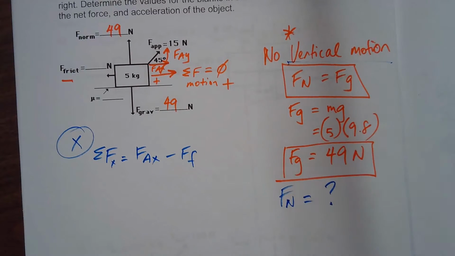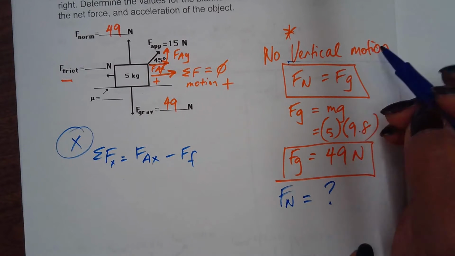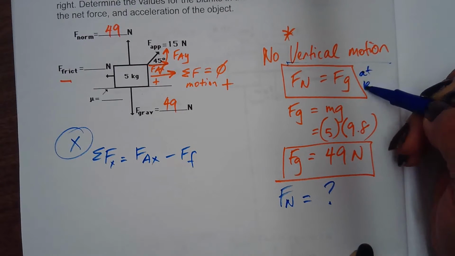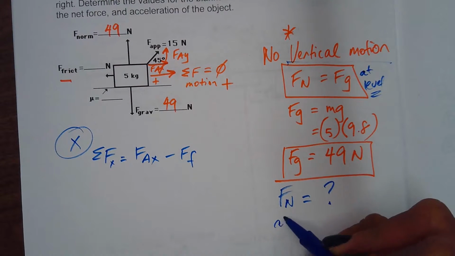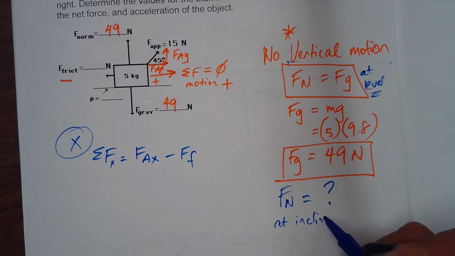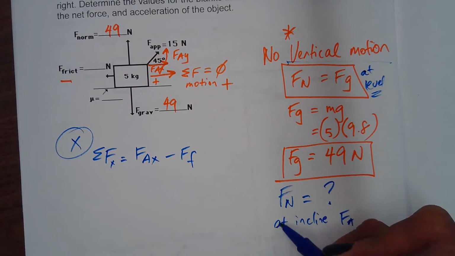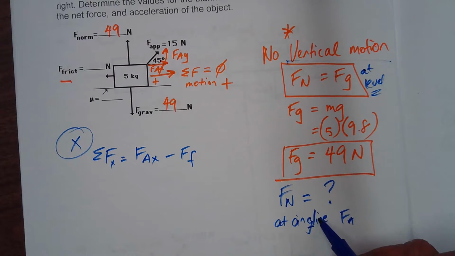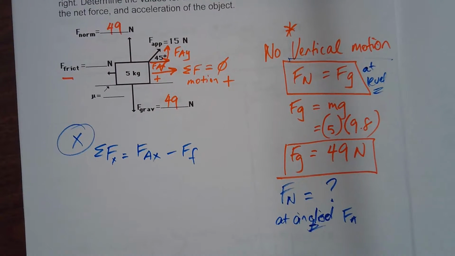That's still correct, okay? But your Fn here is going to be something else. So this is at level, at no motion at level. So this is an angled FA. So your FA is angled.